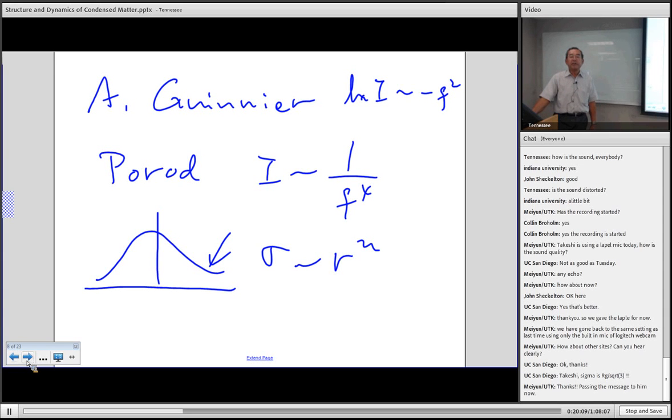So small angle scattering gives you some idea about the size of the object, and also to some extent some shape. Not quite, right? Again, it's usually between q to the second and q to the fourth, and many things are in between. So rarely you get really linear behavior or Porod behavior, but sometimes you do.